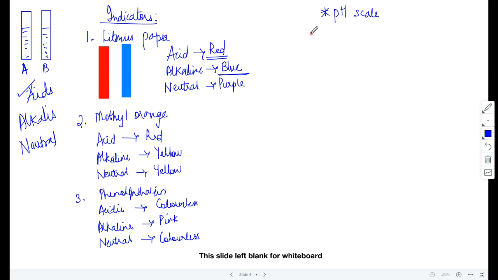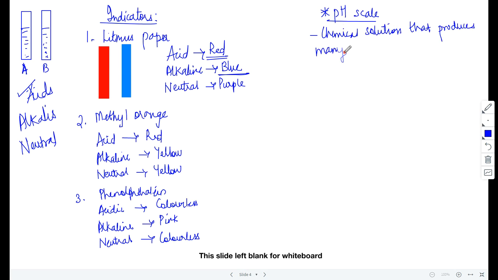Are we going to use a universal indicator? Yes, and what is that universal indicator? I'm not sure how to describe it.